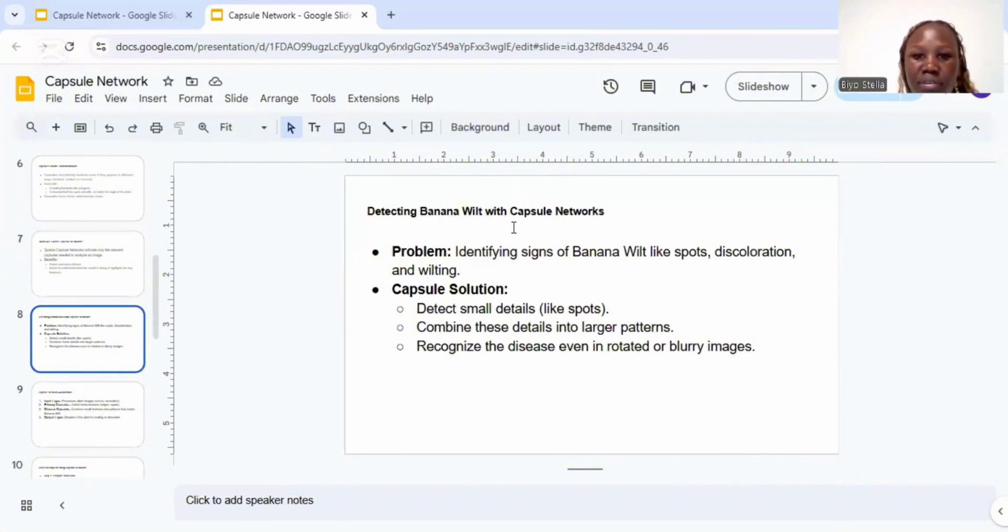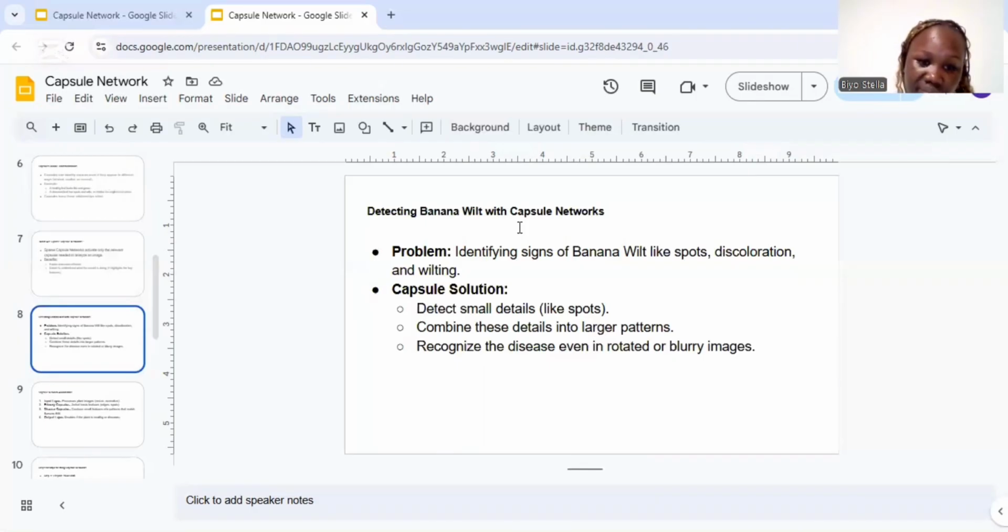And detecting banana wilt with capsule networks. It also has its merits and demerits, or its problems and how those problems can be solved. Identifying signs of banana wilt like spots.